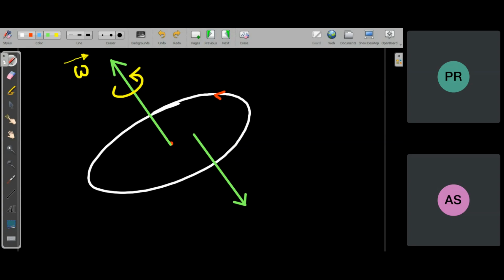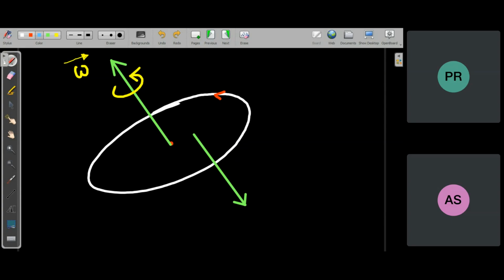Sir, we know that V equals R omega, no, sir. Here V is the linear speed. So then here omega is the angular velocity, sir? No, omega here is angular speed.